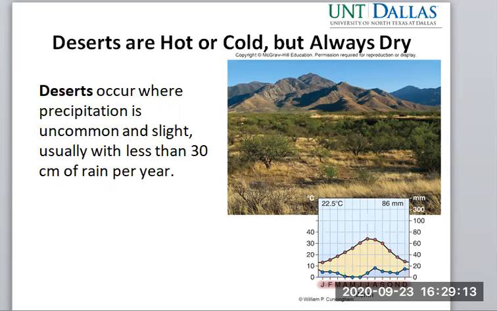When we say low, we mean less than 30 centimeters of rain per year. Adaptations to these conditions include water-storing leaves and stems, like you have seen in deserts. We have those cactus plants that have needle-shaped leaves. What's the function of those needle-shaped leaves?